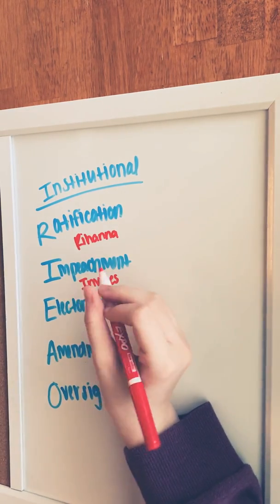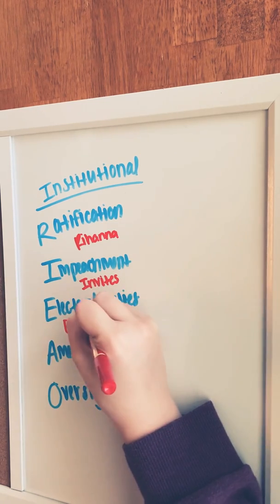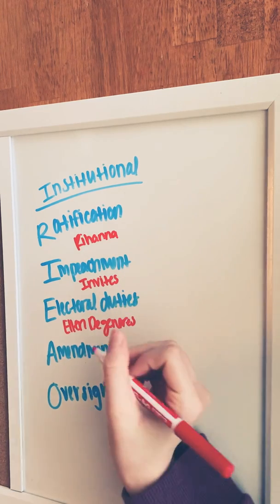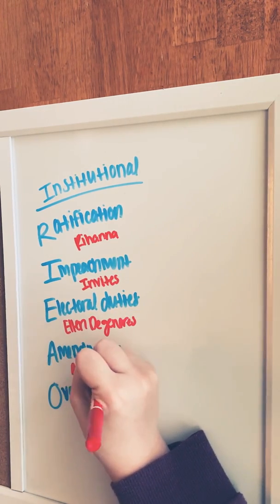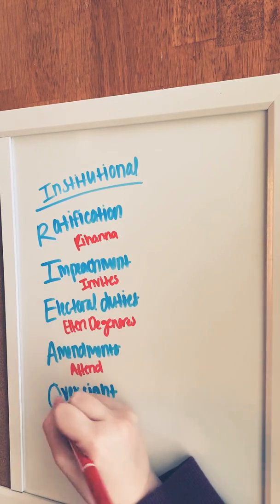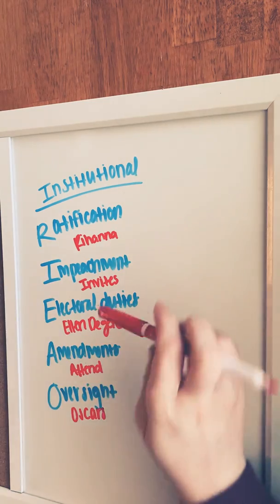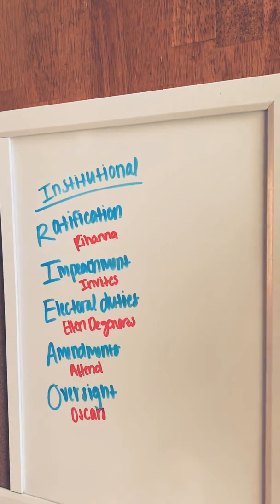E stands for Ellen. And if you want to do the D, then DeGeneres. A stands for attend. And O stands for Oscars. So, Rihanna invites Ellen DeGeneres to attend the Oscars. And that's it. So, let's get into what ratification is.